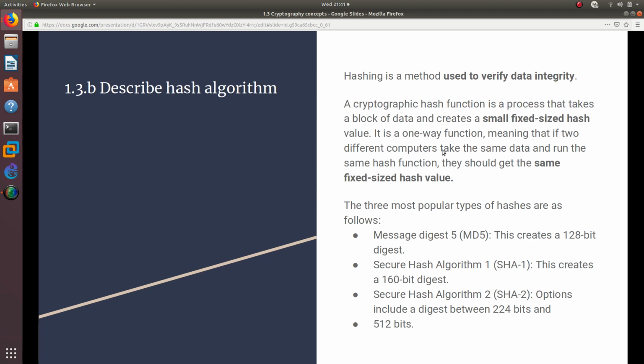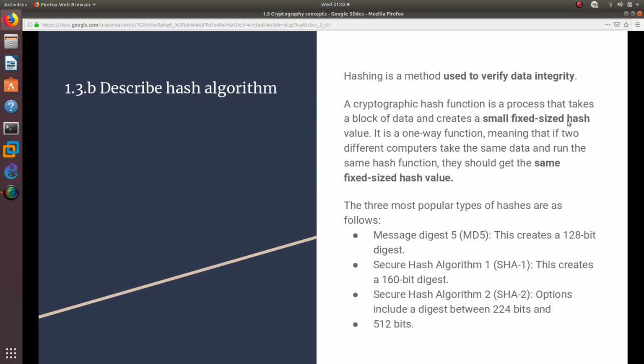Hashing is a method used to verify data integrity. And the way it works is that a hash function is a process that takes a block of data and creates a small fixed size hash value, right? So let's say you take a Word document and you hash it with either MD5, or SHA-1 or SHA-2.